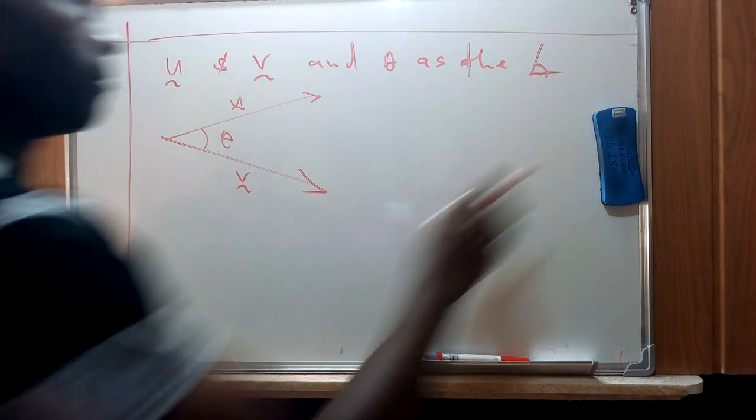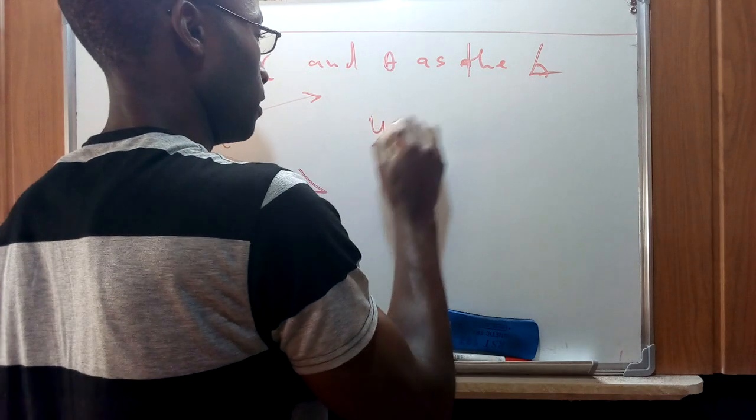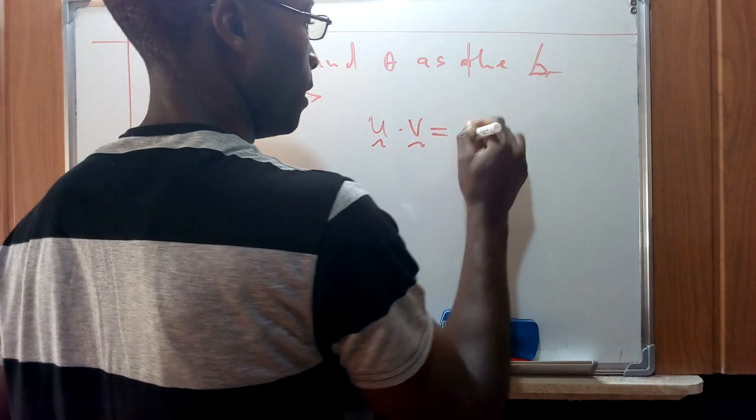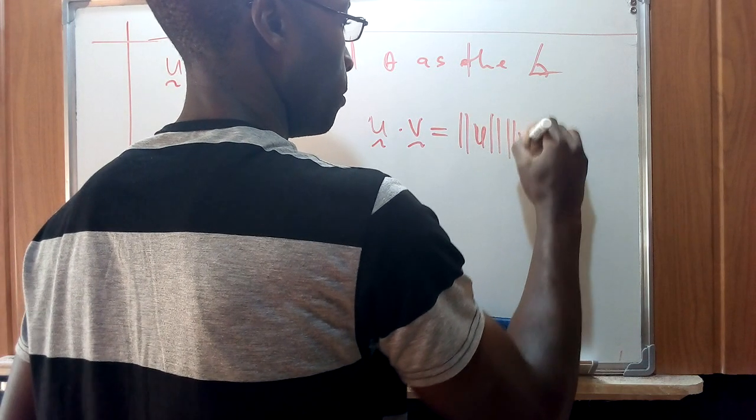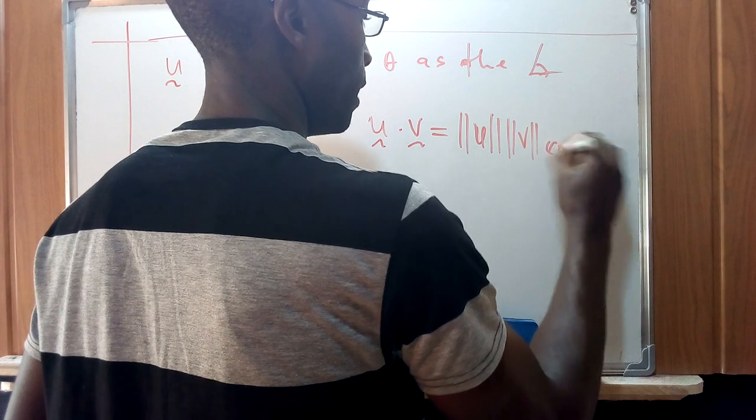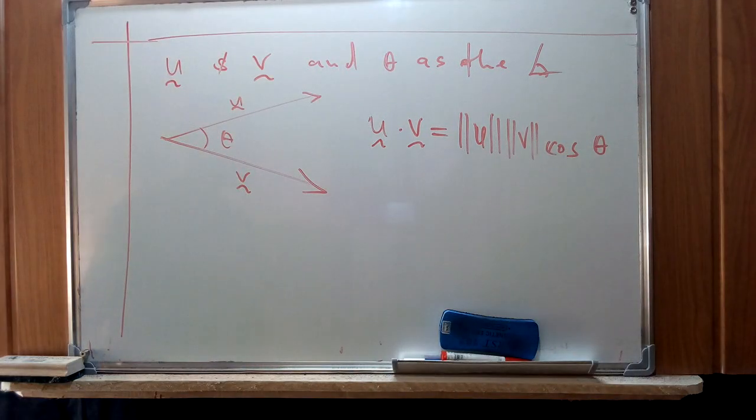And then we said that we can find the dot product of the two vectors u and v by finding the product of the norm of u, the norm of v, and the cosine of the angle between the two vectors. So that is what we said.